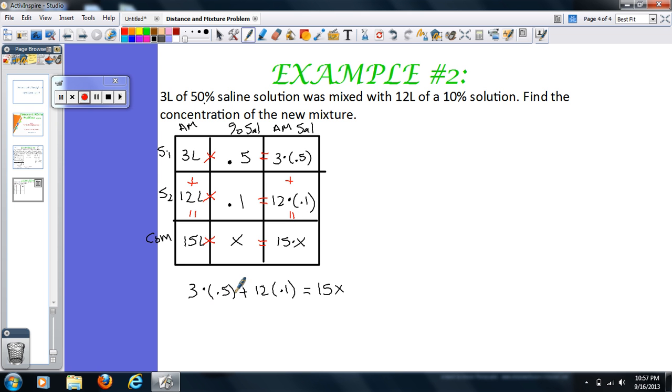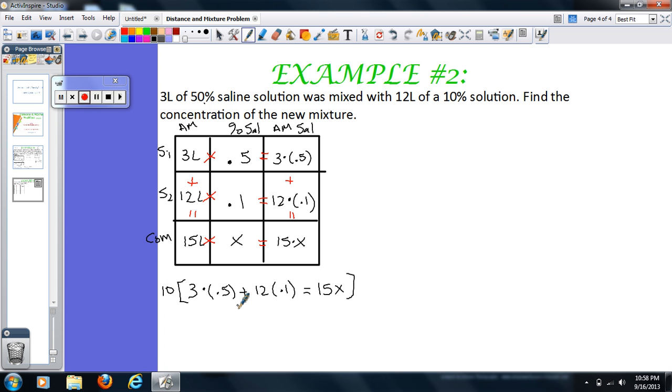Now I'm going to simplify this side and solve for x. Nobody likes working with decimals, so we'll get rid of them by moving each decimal one place to the right, which means I can multiply by 10.